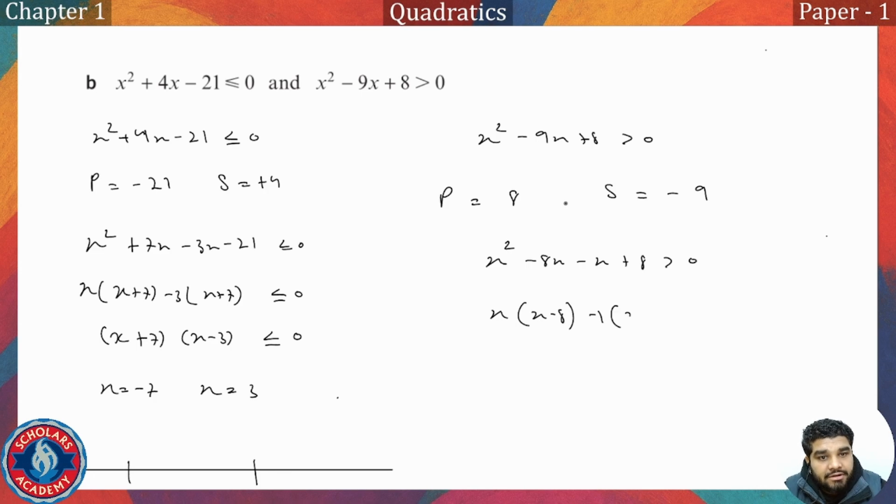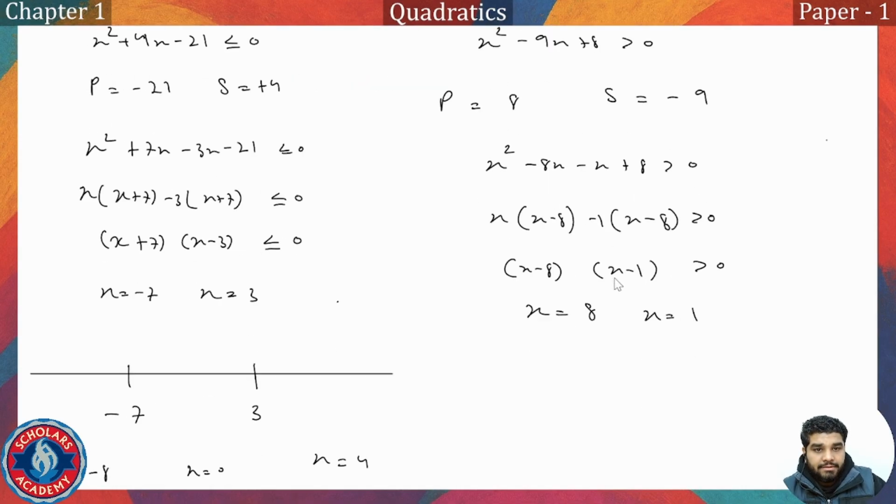I take minus 1 common, x minus 8 is greater than 0. So (x minus 8)(x minus 1) is greater than 0. The factors that we get are x minus 8 and x minus 1. So the zeros are x is equal to 8 and x is equal to 1, right?